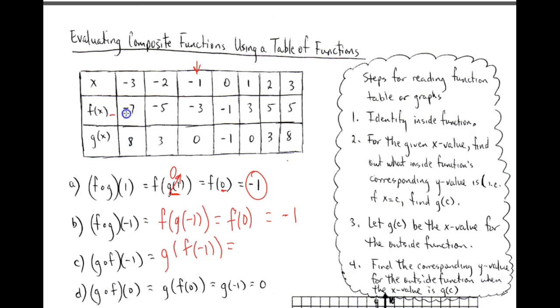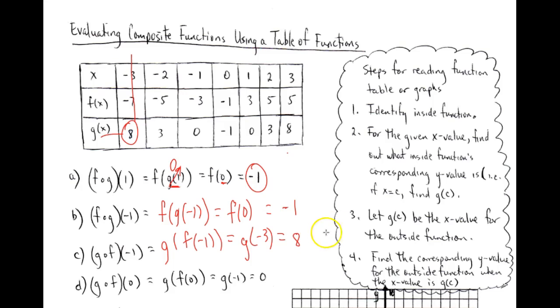So see where these two intersect. That will be at negative 3. And so now g of negative 3, go ahead and get rid of this first thing. So when x is negative 3, which is right here, g of negative 3 will be 8.